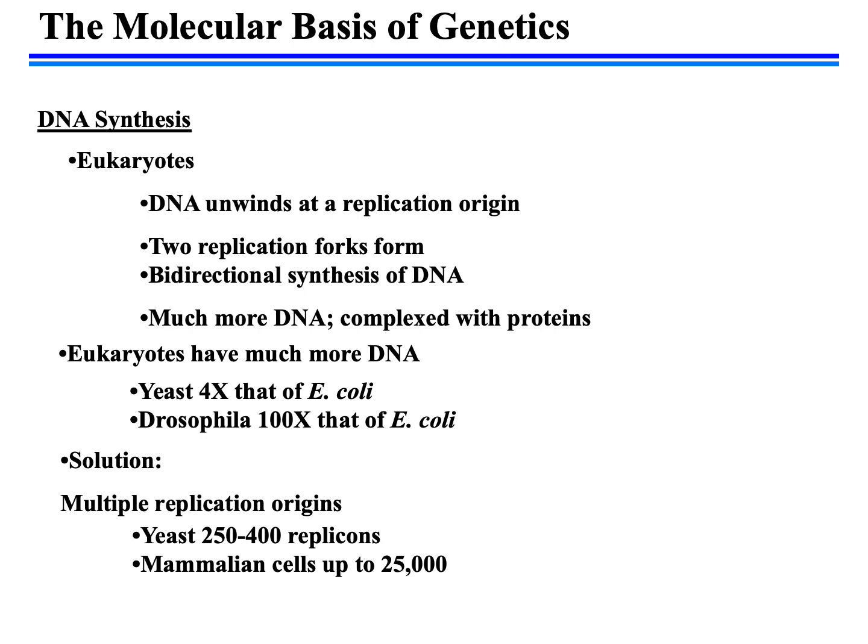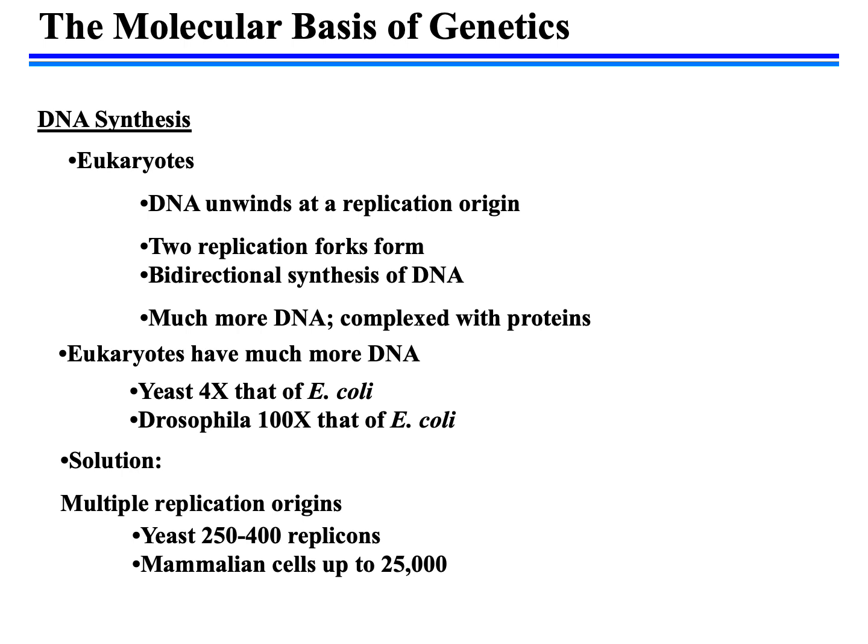Yeast, which is a single-celled eukaryotic organism, has approximately 4 times the amount of DNA compared to E. coli, whereas Drosophila has something like 10 times the amount of DNA. This presents a very big problem in getting DNA replicated quickly and precisely.